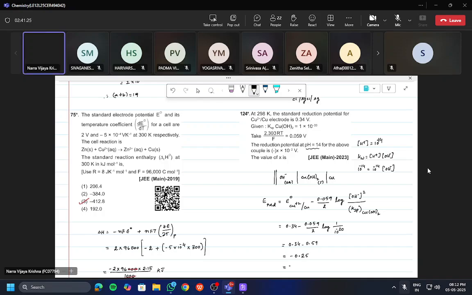So can I write this value as 25 into 10 power minus 2, minus. Response, sir? So what is the value of X? Over? Check the answer. Done.